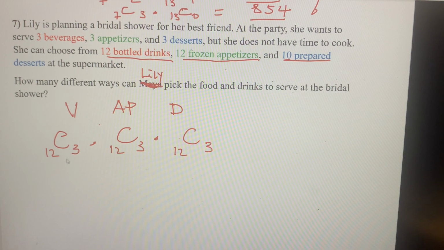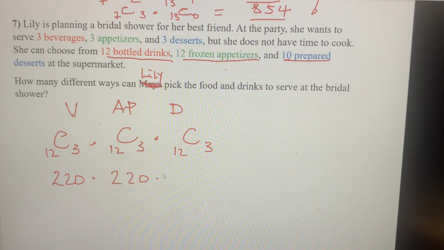If you calculate 12 combination 3, that's going to be 220, right? 220 times another 220, because they are the same combinations, and the last one, 10 combination 3, is going to be 120.